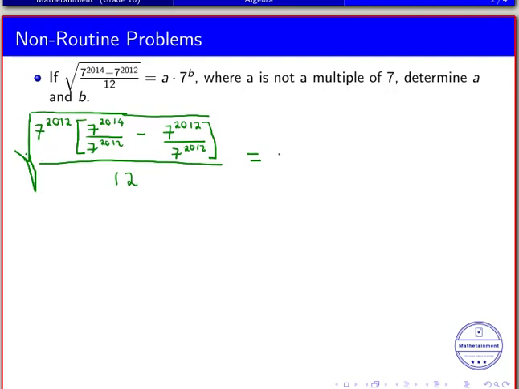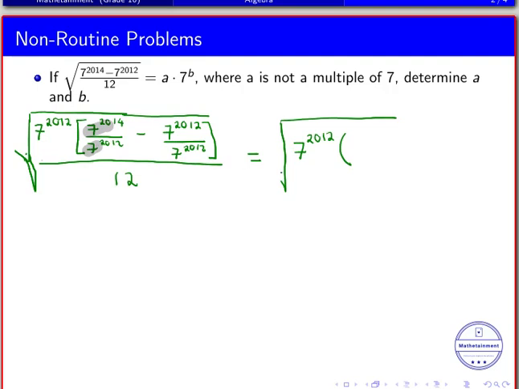So here, what we have now is still the square root, and then 7 to exponent 2012. Inside the bracket, you have these two powers and they have the same base.